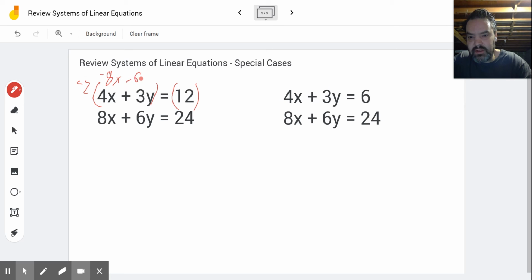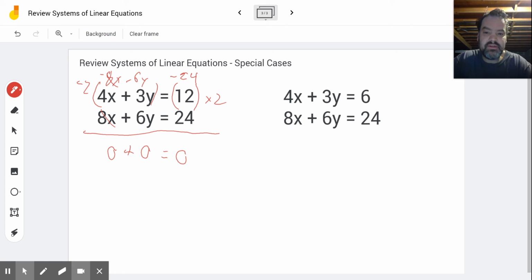Minus 6y, minus 24. You'll notice when I multiply everything by -2, I just get the opposites of everything. And what happens there is the 8x and the -8x make 0. -6y and +6y make 0. And -24 and 24 make 0. So all I end up with is 0 plus 0 equals 0.